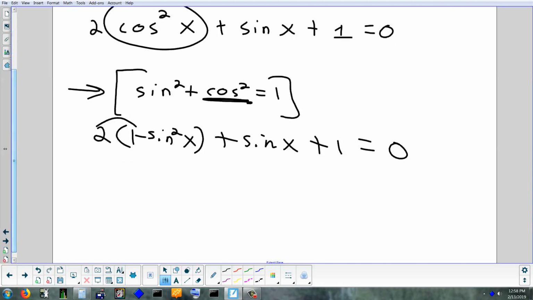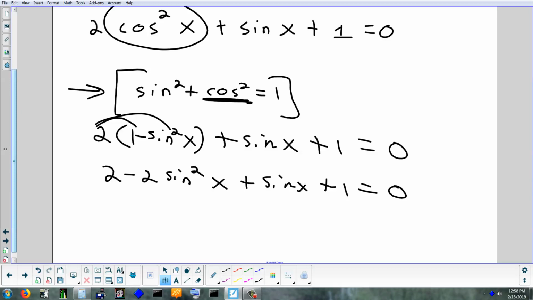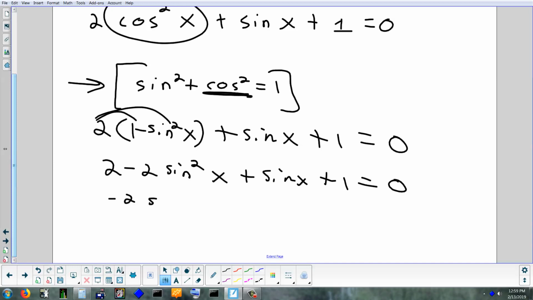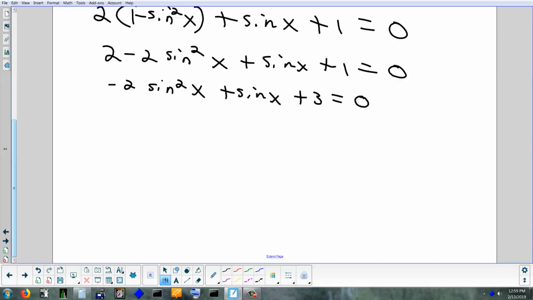So we've got 2 minus 2 sine squared x plus sine x plus 1. Now, if I was actually doing this problem, what I probably would have done is combine the 2 and the 1 in this step. Now I need to write it all again just to combine them. So positive 2, positive 1, positive 3. Okay, so let's write it again. Negative 2 sine squared x plus sine x plus 3 equals 0.